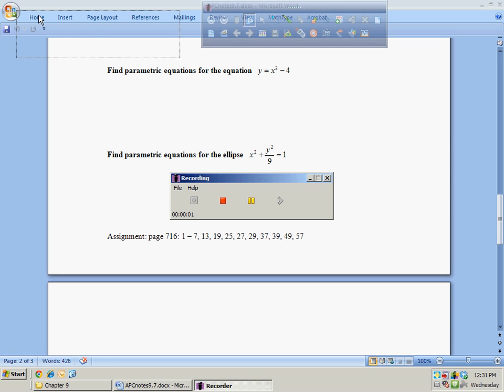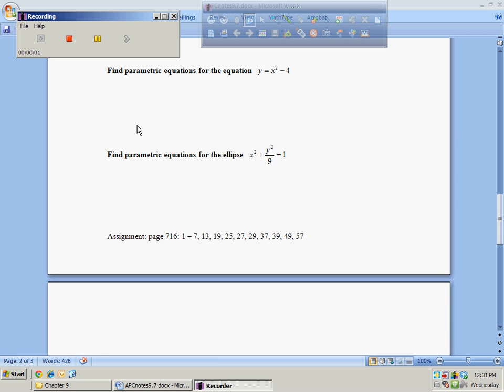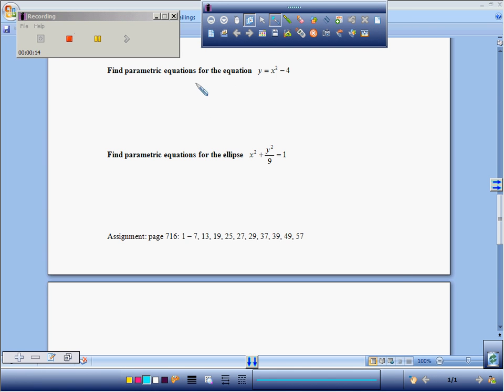If you remember the other day, we ended up here, we were talking about parametric equations. And this says find parametric equations for the equation y equals x squared minus 4. All you do is a little substitution.